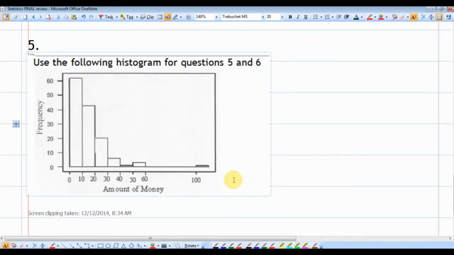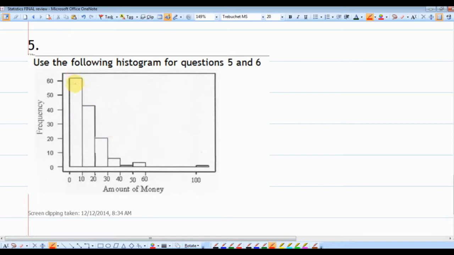Okay, and amount of money. These class widths look like about 10, so this is somewhere between $0 and less than $10. That looks like 60, right? If I remember this question correctly, you're probably going to want to estimate how tall each of these bars are.